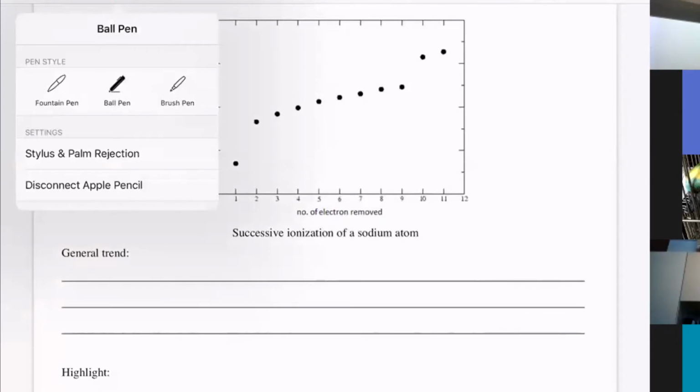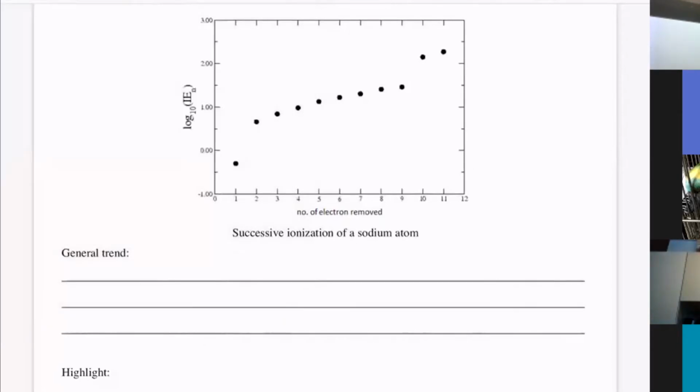Why does it need more energy to remove those electrons? What's a possible reason? Anyone? You could type in your answer, or you could unmute yourself to say your answer.